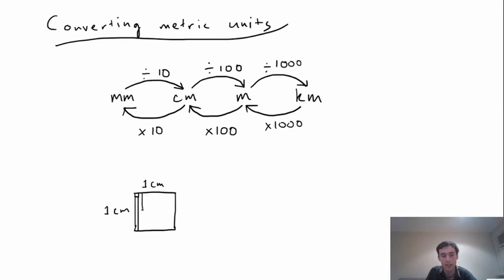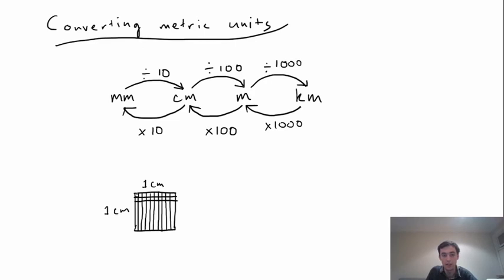Now if I just divide this up into strips for the millimeters on here, I've got 1, 2, 3, 4, 5, 6, 7, 8, 9, 10. And then I can divide it up into strips based on these millimeters.